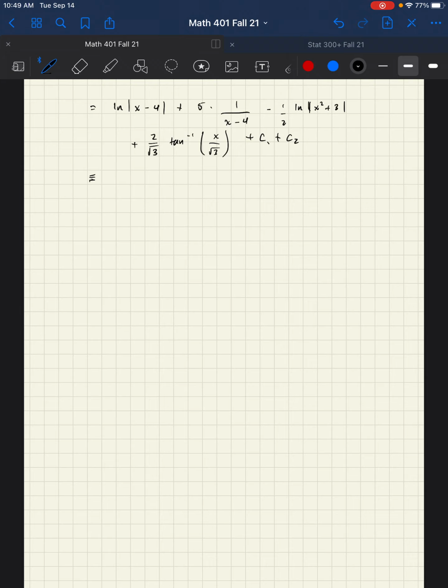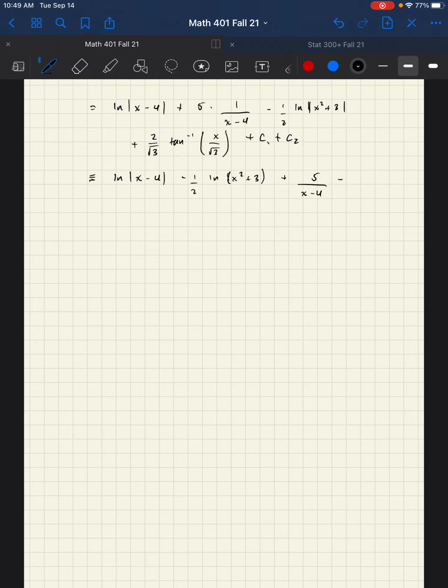So lastly, all of this is ln of absolute value of x minus 4 minus 1/2 ln (x squared plus 3). Really here you don't actually need absolute value bars, because it's always going to be positive, so it doesn't matter.